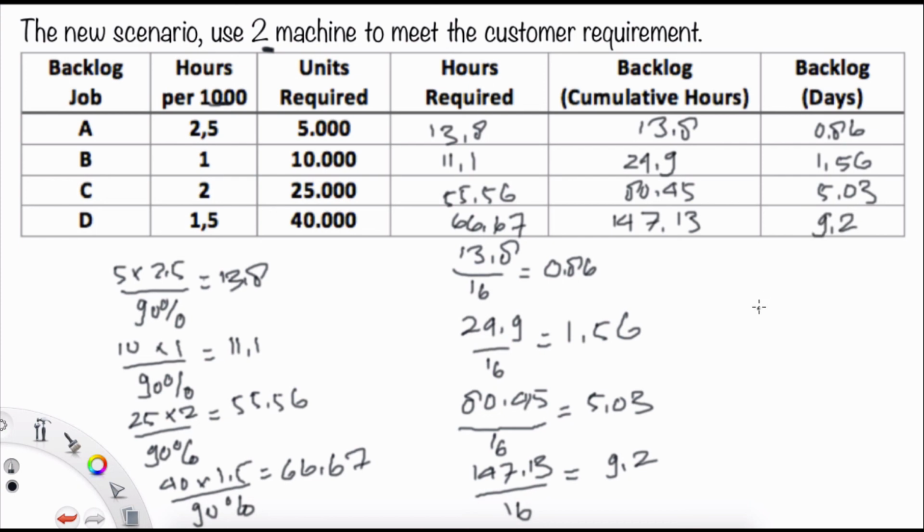Okay, now we can check that the backlog here is only 9.2 days, and it meets the customer requirement of less than 10 days. So by using two machines, we meet the customer requirement.